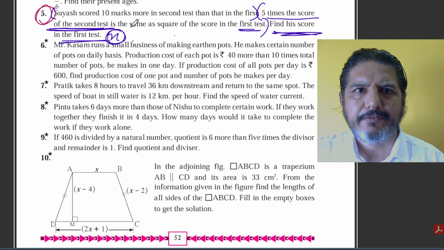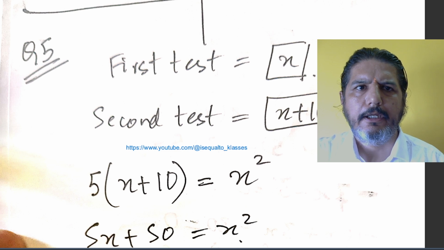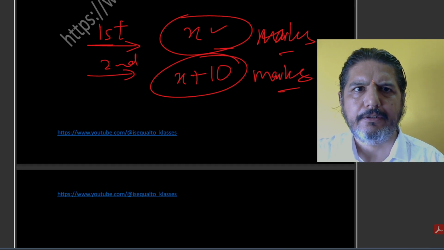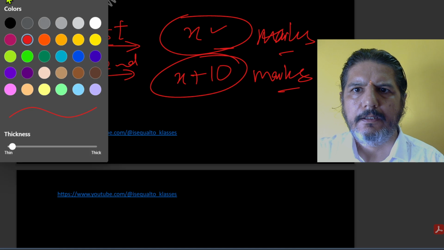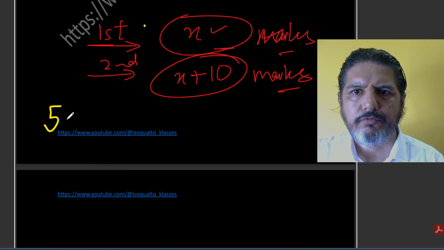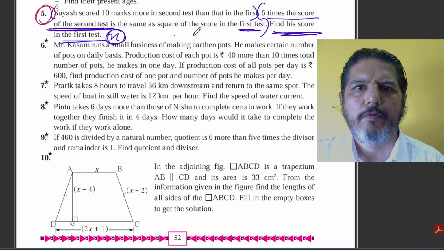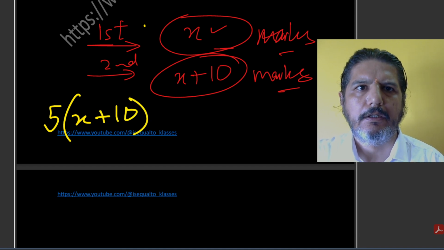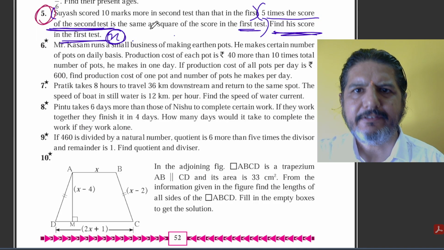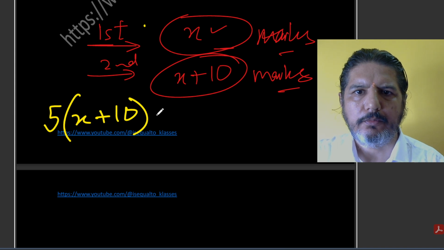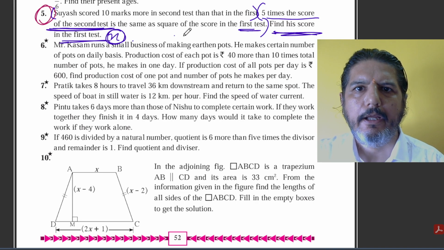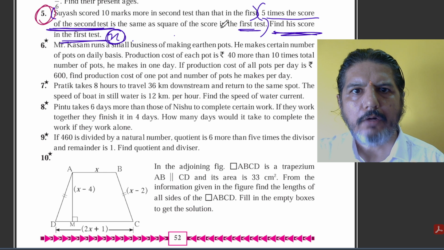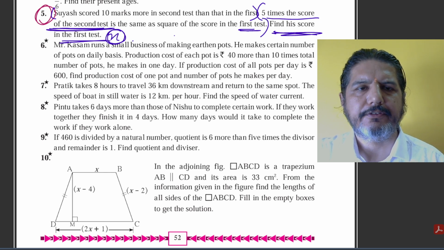5 times the score of the second test. Okay, so I'll just do a simple translation of this. 5 times the score of the second test is the same, so this will be equal to the square of the score in the first test.